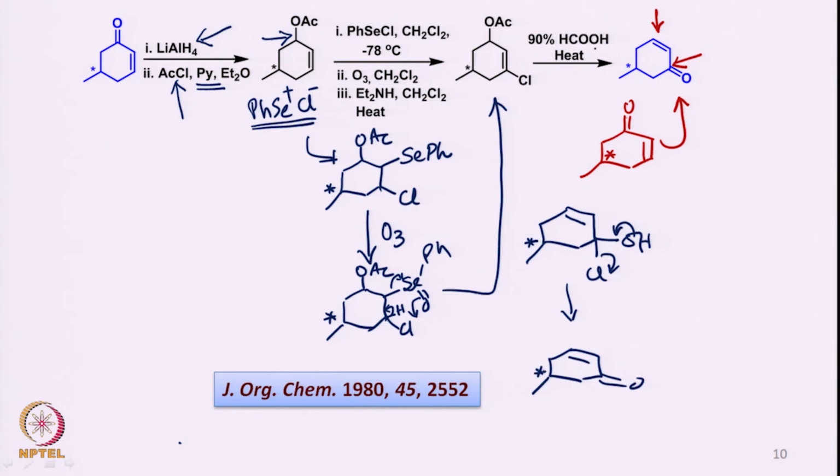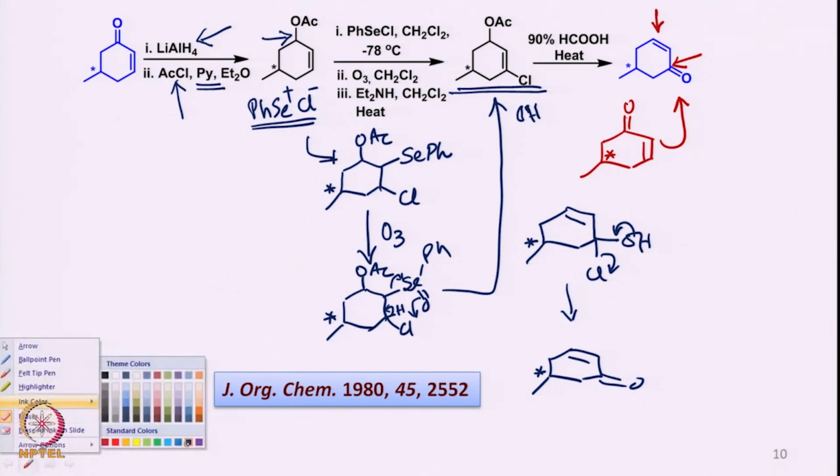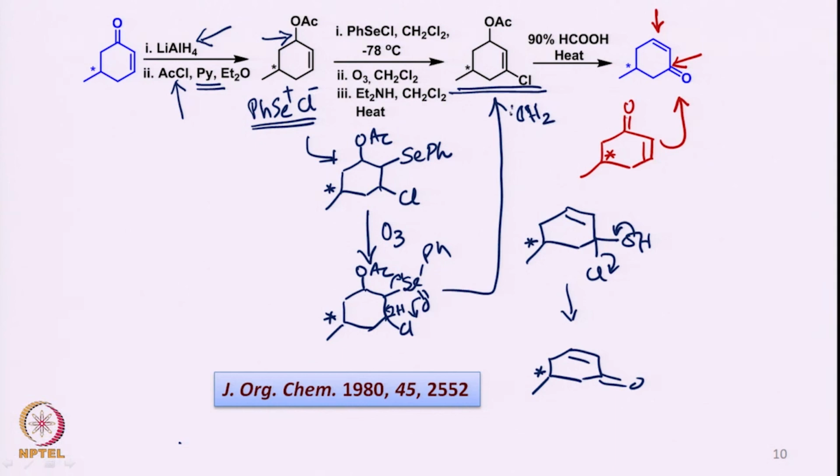So when formic acid and water, the acidic condition, reacts with this particular compound, there is an addition of water, and this goes like this under the acidic conditions, and of course you lose acetic acid.